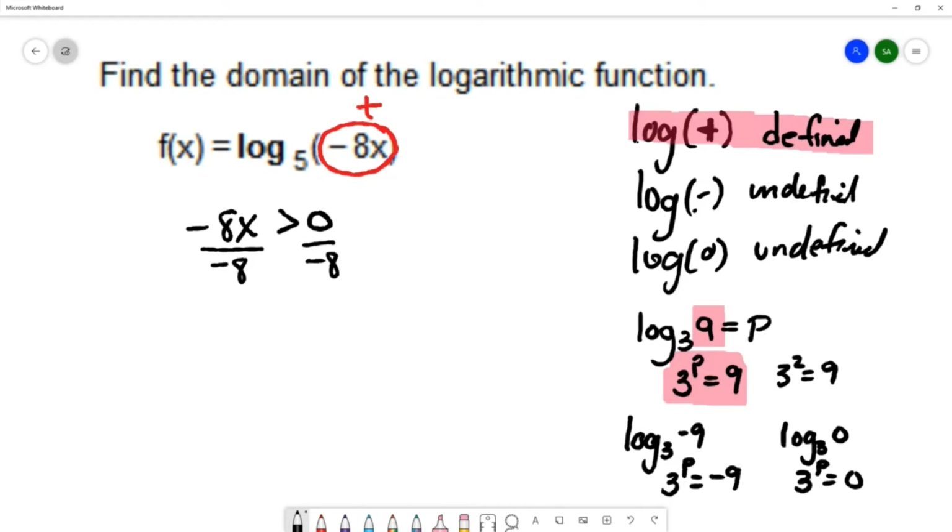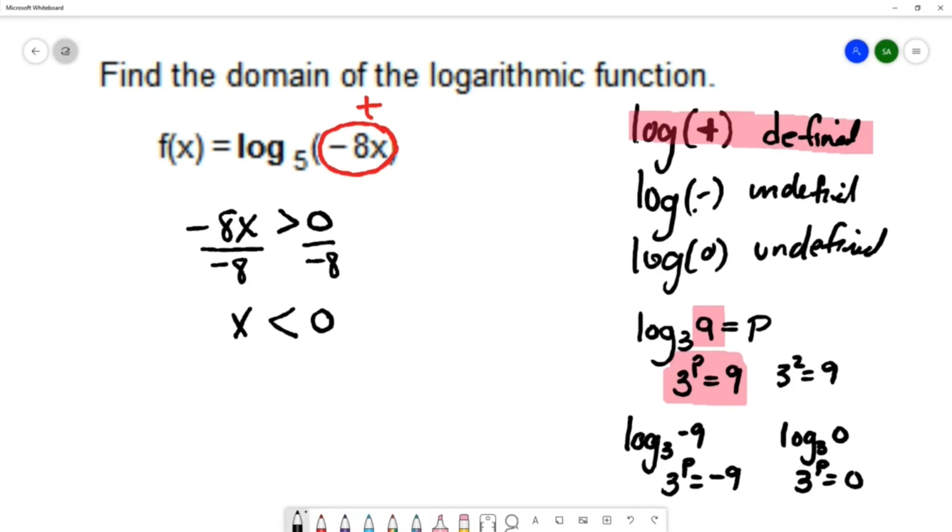And with inequalities, when you divide by a negative, you need to reverse the inequality symbol to maintain the truth of that inequality. On the left-hand side, the negative 8 divided by negative 8 becomes 1, and 1 times x is x. And on the right, 0 divided by negative 8 is 0.